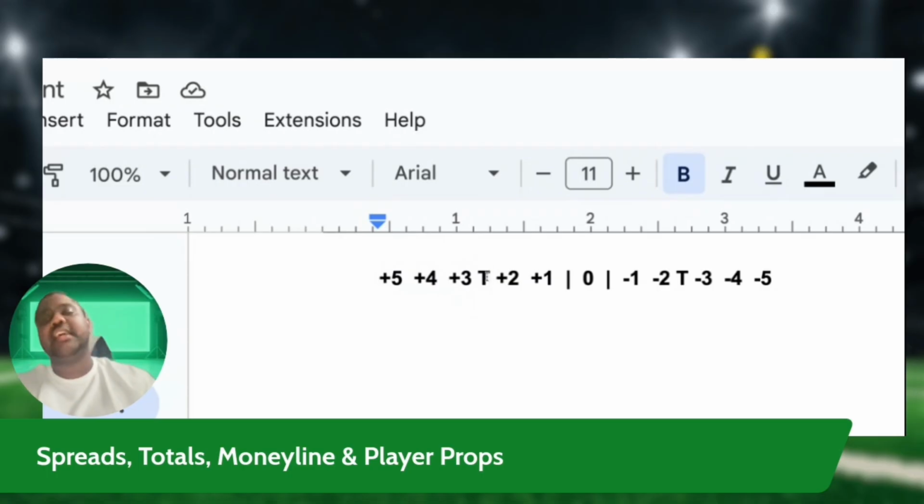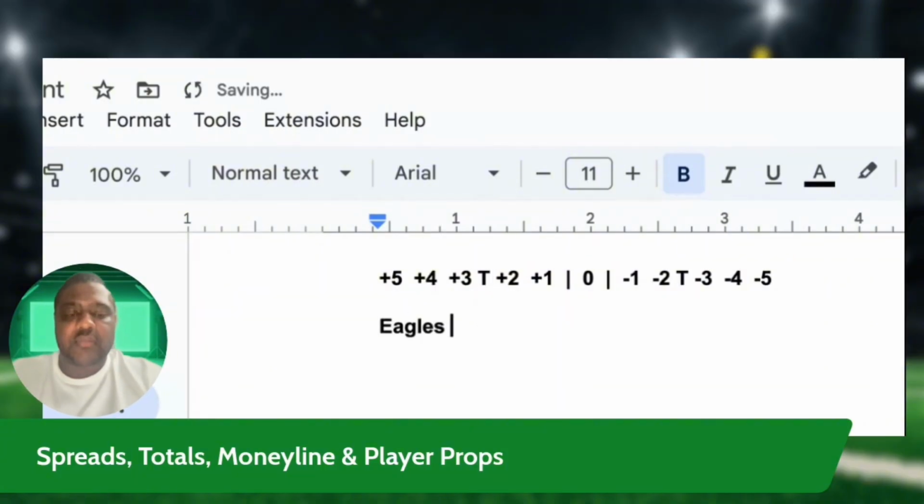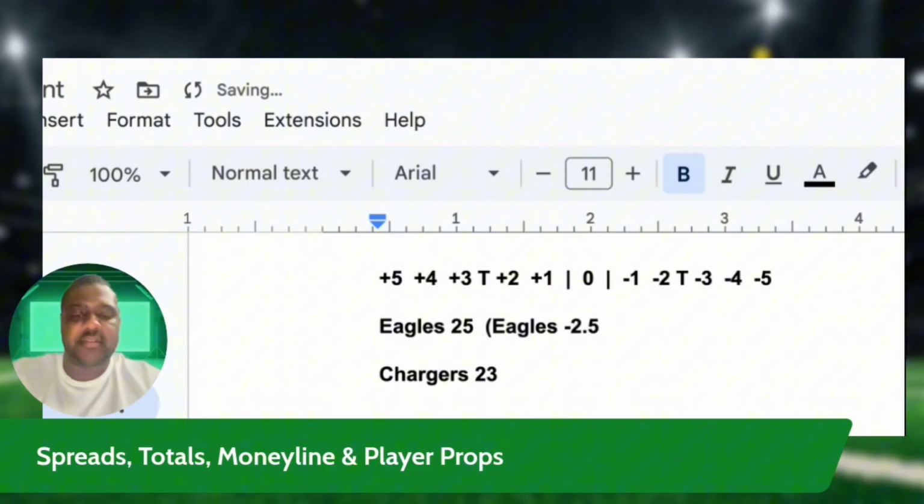So let's break it down even further, just in case y'all are still confused, right? So let's say the Eagles had 25, Chargers 23, right? And let's say my bet was Eagles minus 2.5, right?